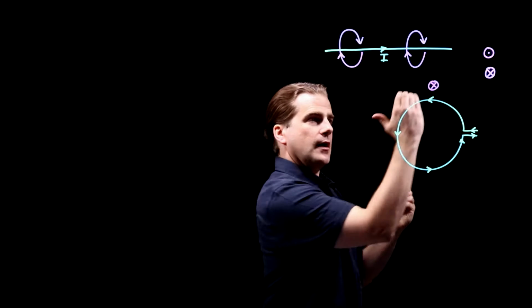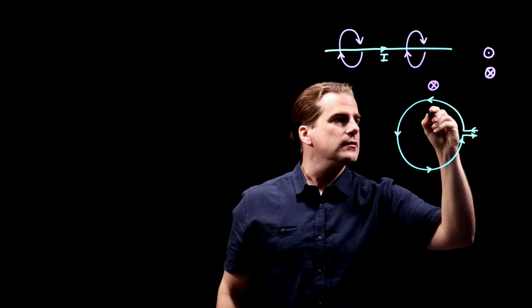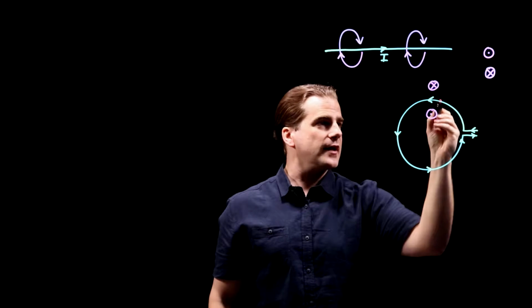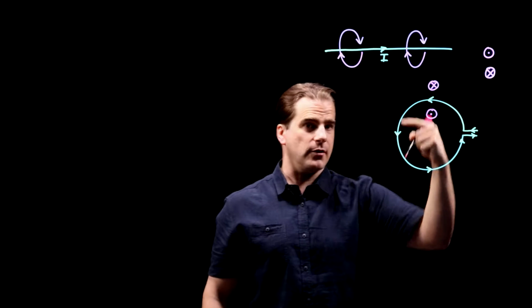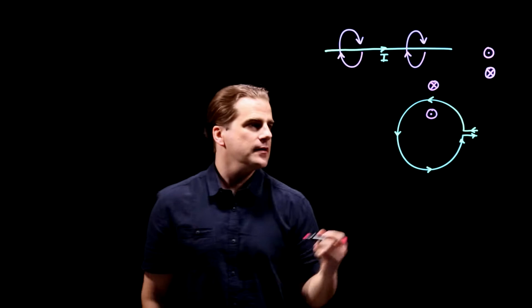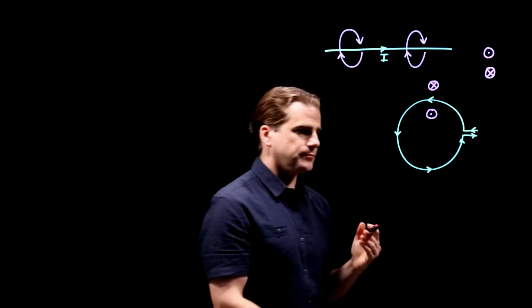Okay? And it's going towards you on this side of the wire. That's that bit of current there, because the current's flowing in that direction. Right hand. Okay? Let's do this bit.